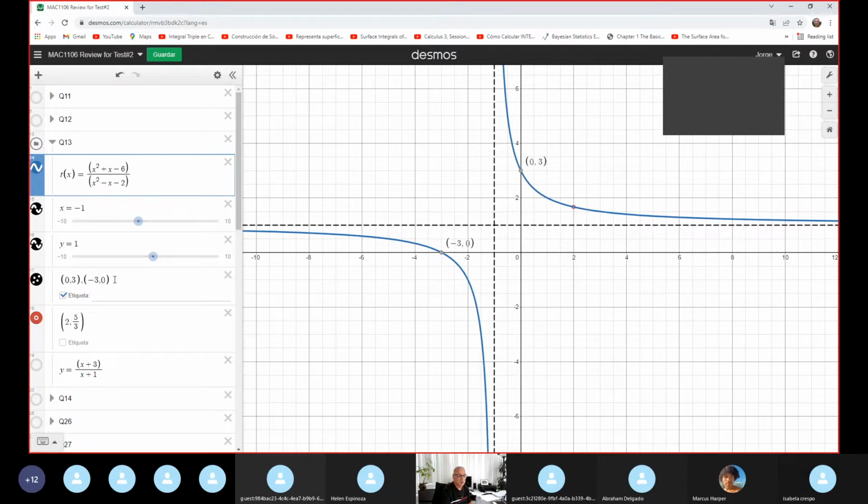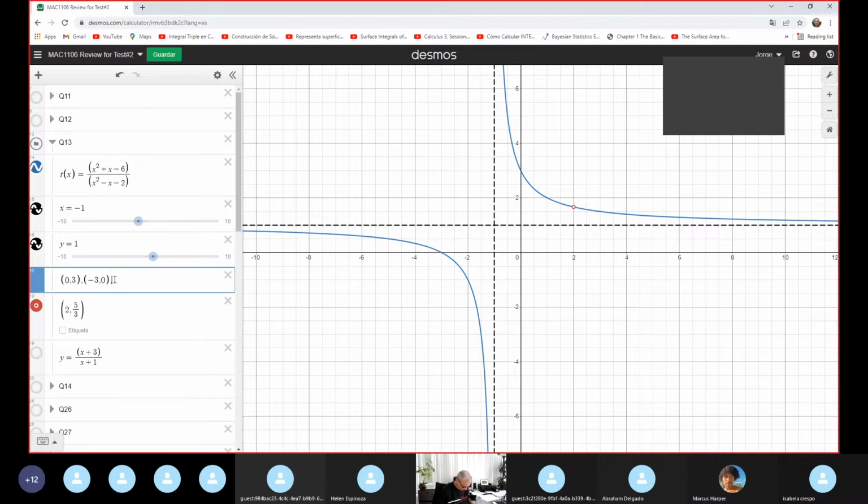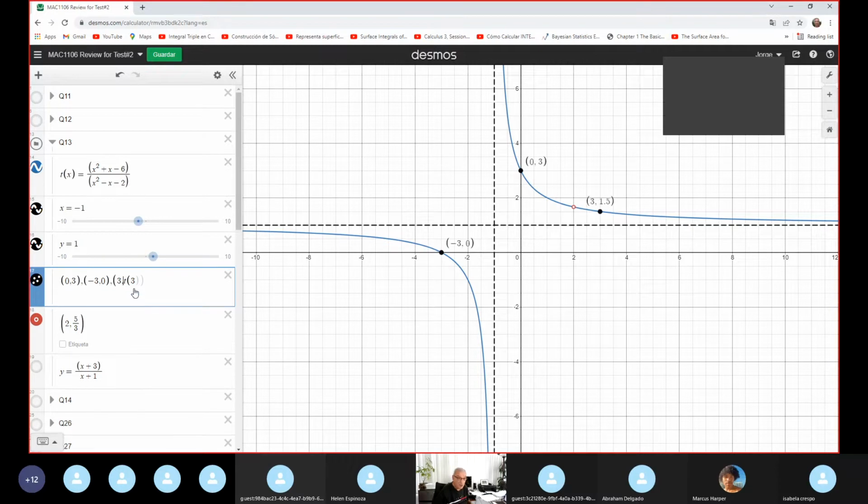But I take advantage here: in function notation, I evaluate, for example, I select positive 3. So 3 comma t evaluated at 3. Sorry, I need to separate by a comma, not a period. But it's 1.5.